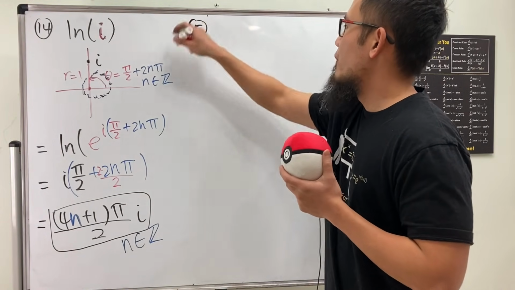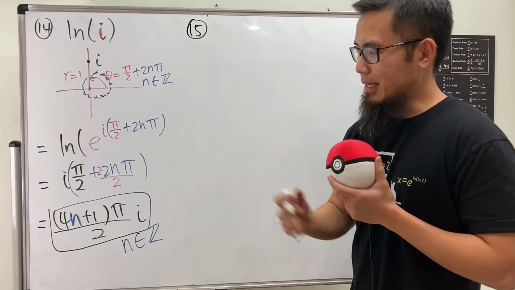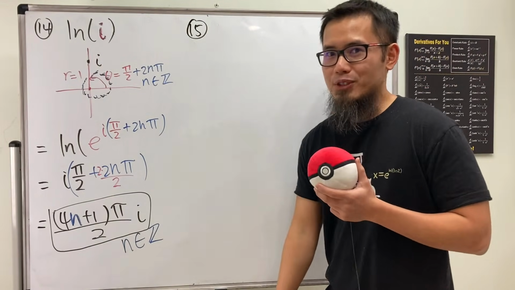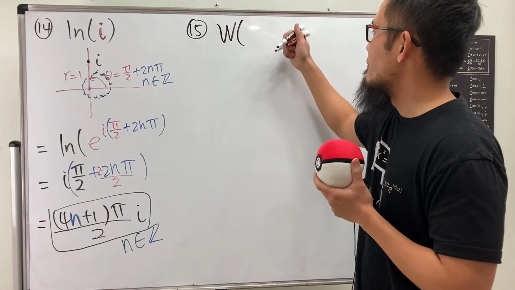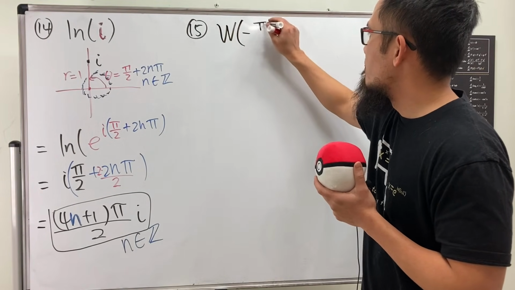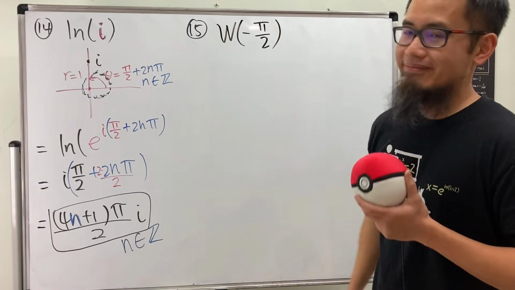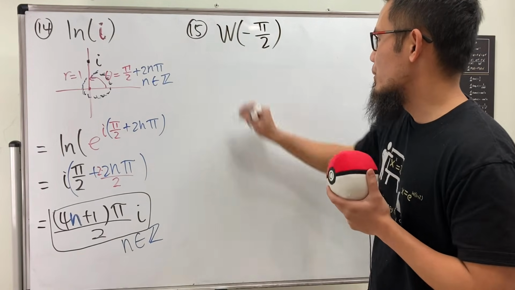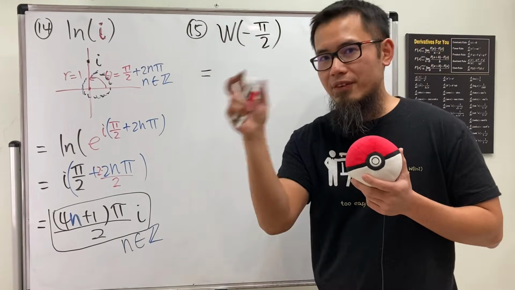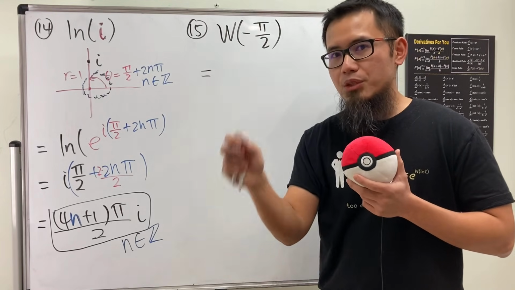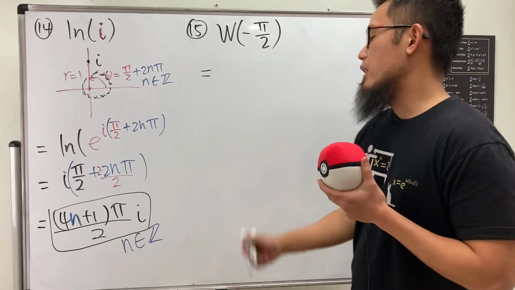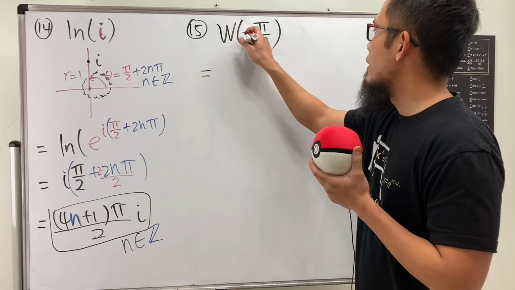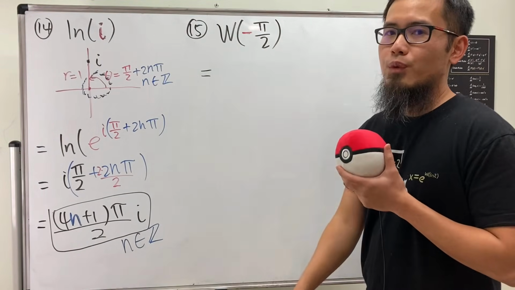And for the last question, I cannot find out all the values for you guys, so let me just tell you that first. Anyway, W of negative pi over 2. How do we do this? Well, we need to have the fish times e to the same fish, right? So we need to introduce the e. The way to do it is have a look right here at the negative.